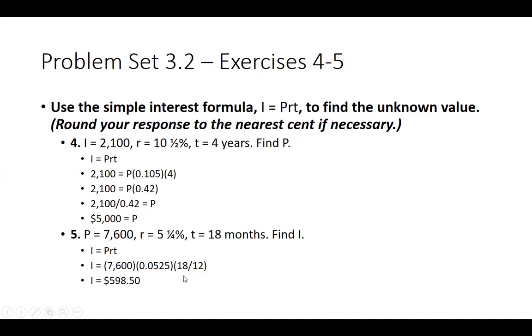So T, when we plug it in, is 18/12. There's no need to simplify that to 3/2 or 1.5 because we're just going to be putting this in the calculator anyway. Plugging in the rest of what we know, I equals 7,600 times 0.0525 times 18 divided by 12. That all calculates to $598.50.